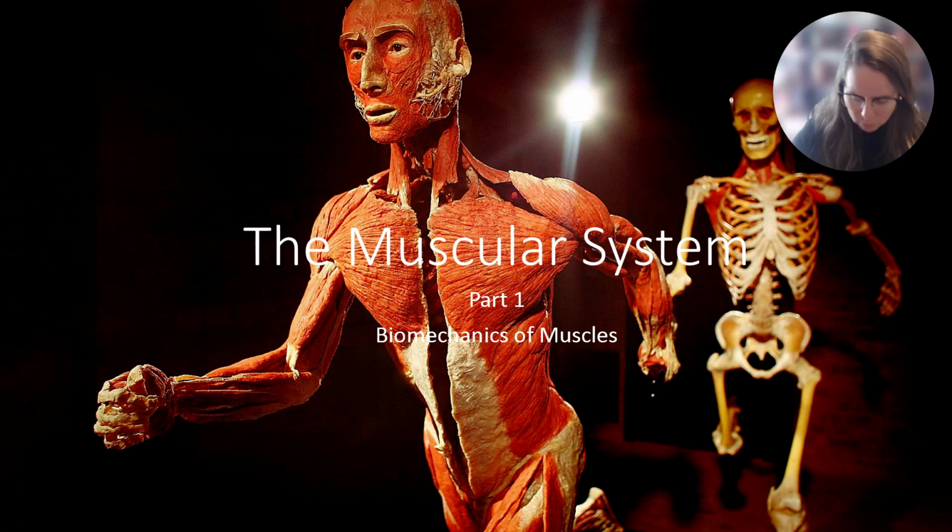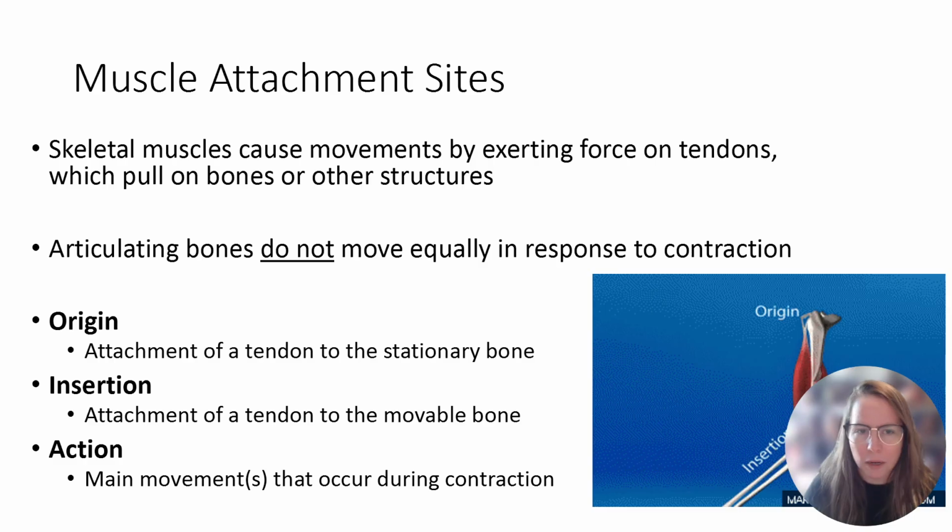So let's get started. The first thing we want to talk about are the muscle attachment sites. This is going to be important information for our lab as well. Muscles are going to create movement by crossing a joint.